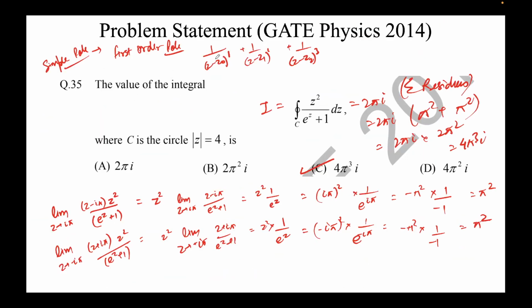However, what shall we do if it's not a simple pole? It's simple. If it's not a simple pole, I'll write this expression here: limit z tends to z0, of (z − z0) to the power n, and there's also the factorial, and then the differential d by dz to the power n.